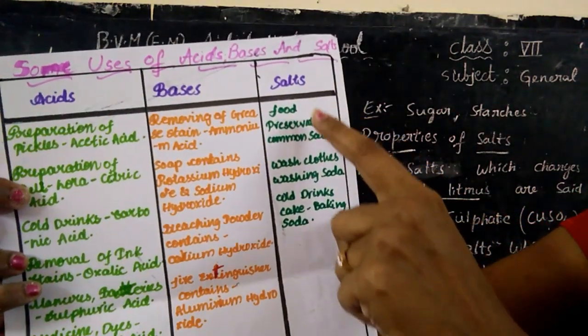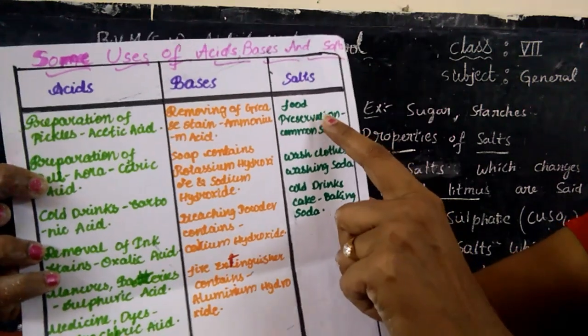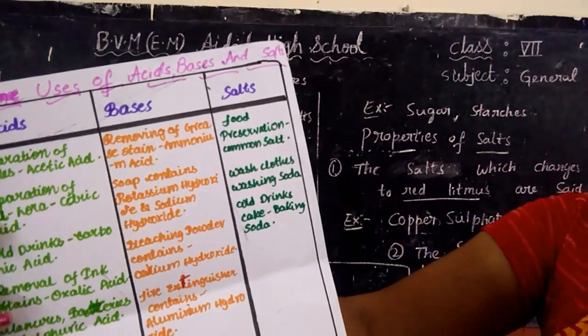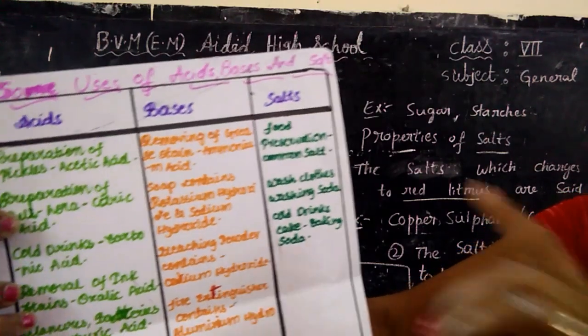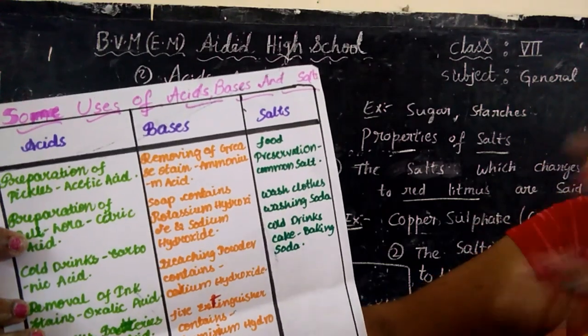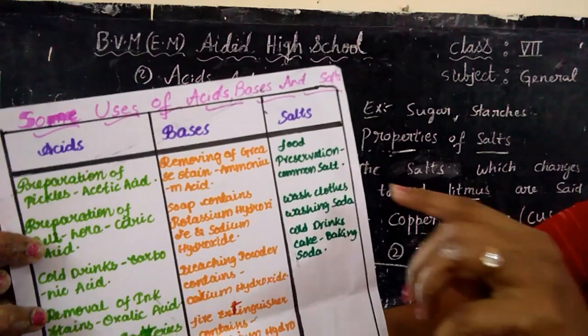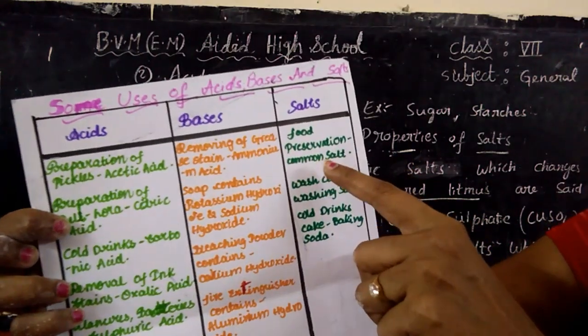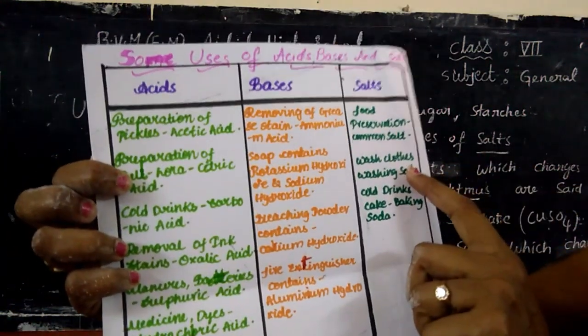Next, we are using salts also, like this, for food preservation. For a long time, we must store the food items. How will you store them? By using common salt, we can store food for a long time. That's why for food preservation we are using common salt.